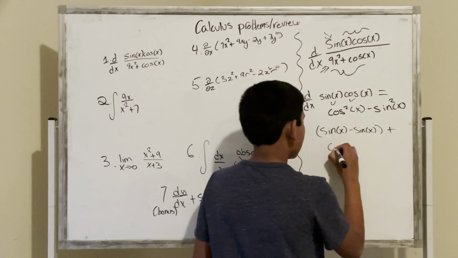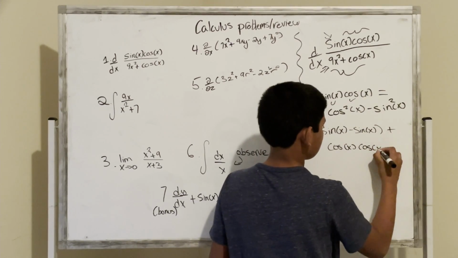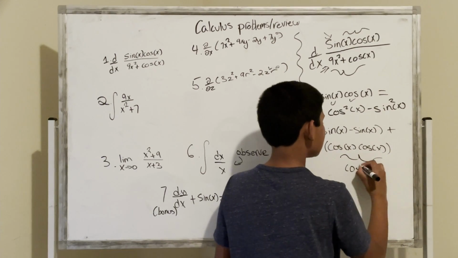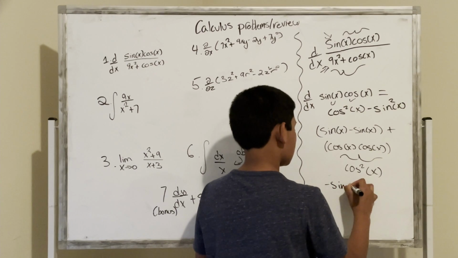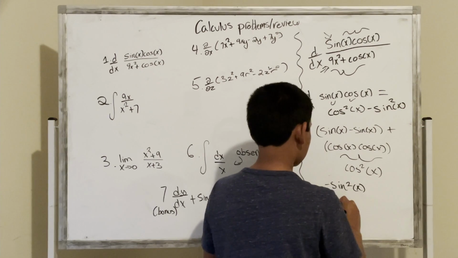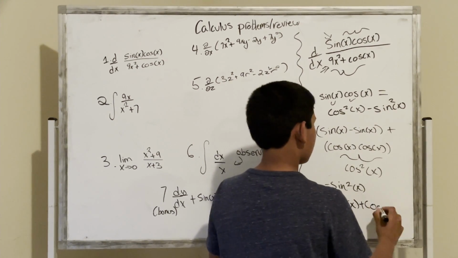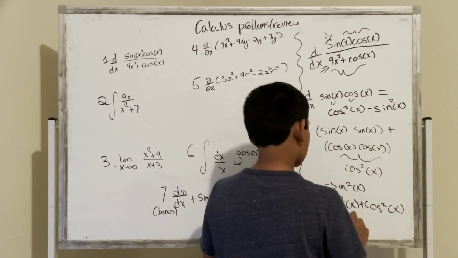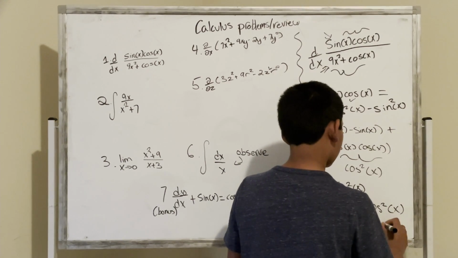The derivative of sine of x is cosine of x, and v is cosine of x. So essentially, this will become cosine squared of x, and this will become minus sine squared of x. So we have minus sine squared of x plus cosine squared of x, and we can write this as cosine squared of x minus sine squared of x.